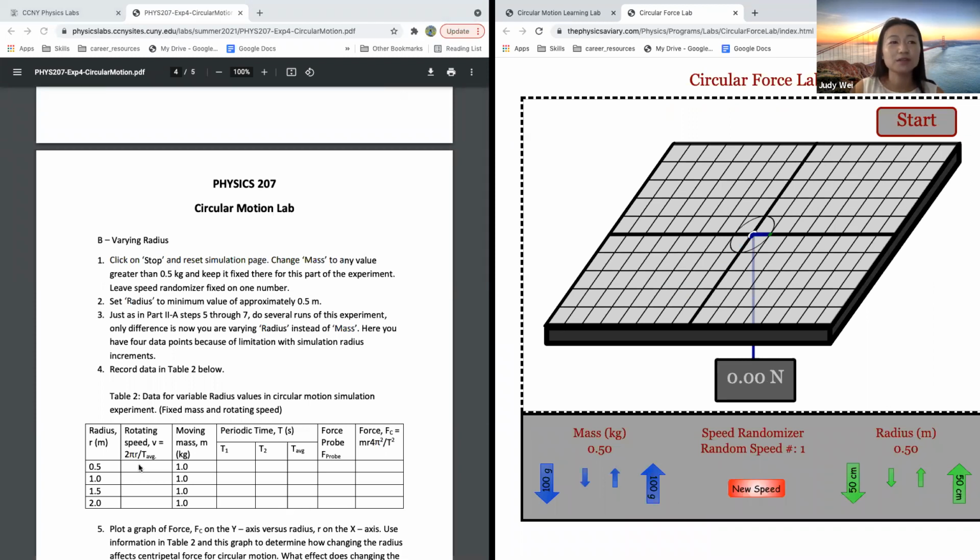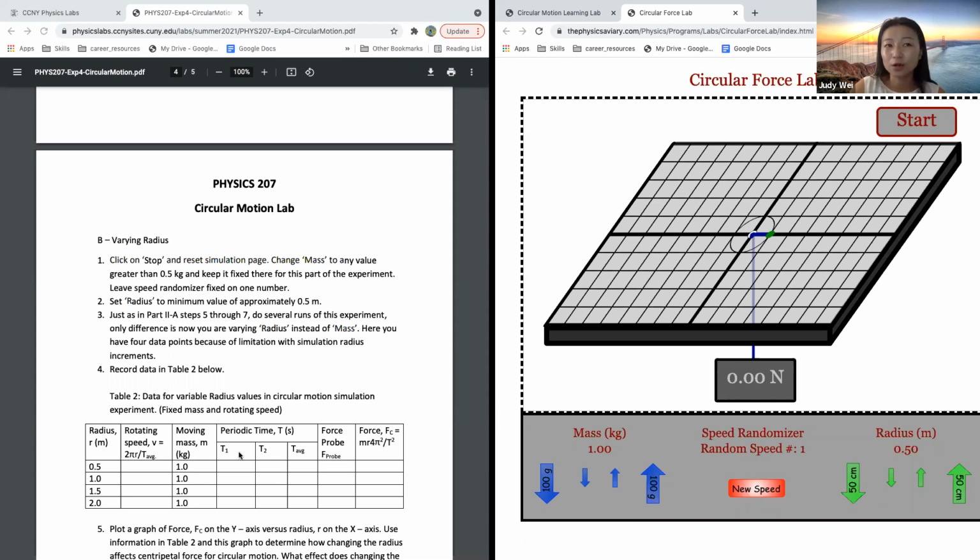You keep increasing this radius every time by 1.5 meters. And you keep the moving mass at 1 kilogram. Then the speed is still constant, so you can do 2 pi r over t average.